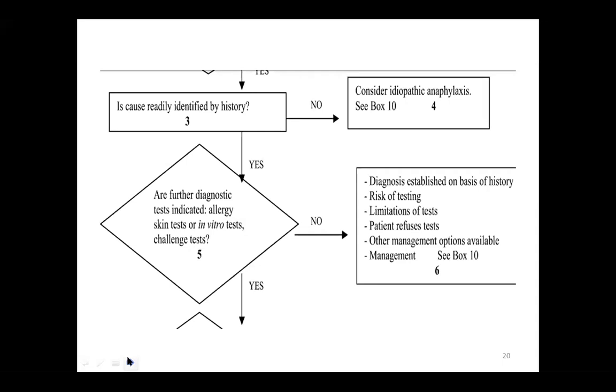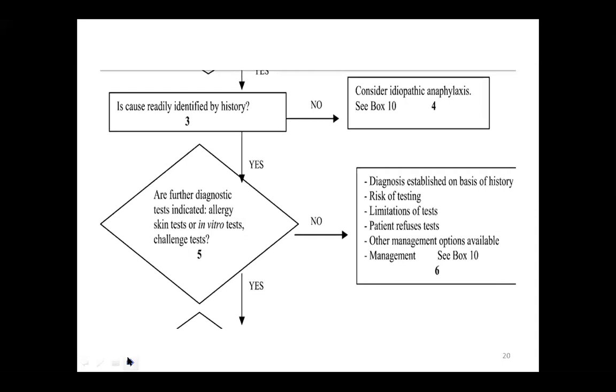Are further diagnostic tests indicated generally in the acute setting? No diagnostic test is required. There are some tests, like the tryptase test, but these are very costly and generally do not add much value over the clinical decision.